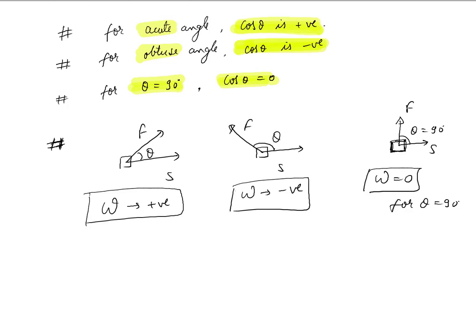So when theta is less than 90 degrees, work done by force will always be positive, and when theta is greater than 90 and less than or equal to 180 degrees, then work done will always be negative, and for theta equal to 90 degrees, work done by force will always be equal to 0.